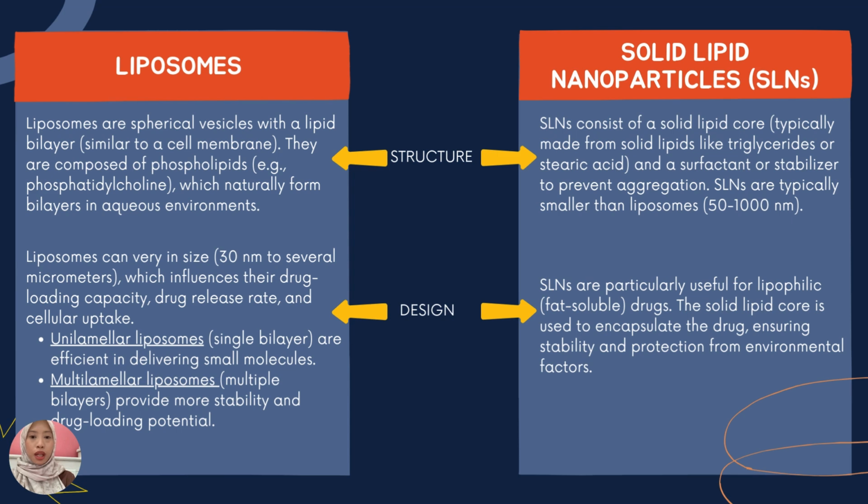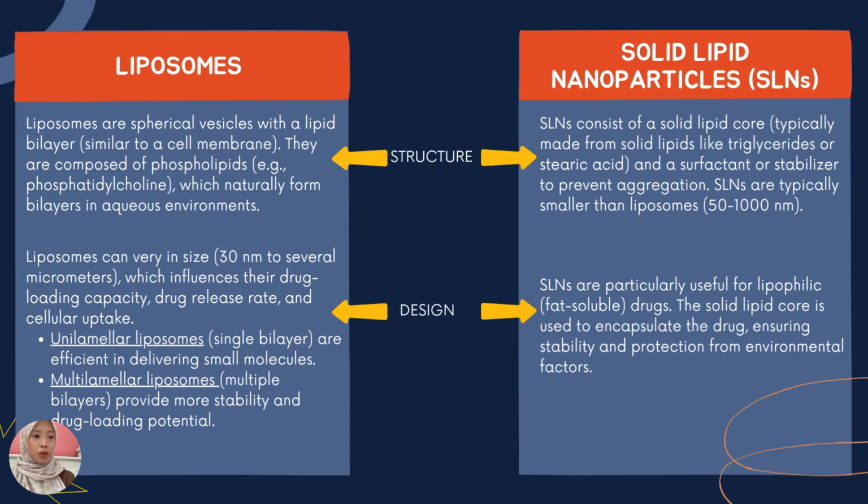And solid lipid nanoparticles consist of a solid lipid core, typically made from solid lipids like triglyceride or stearic acid, and a surfactant or stabilizer to prevent aggregation. They are typically smaller than liposomes, at 50 to 1000 nanometers.